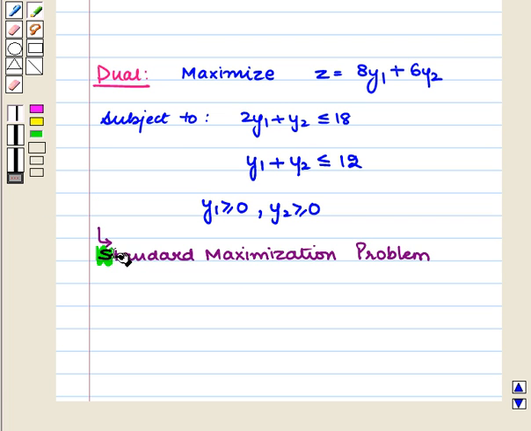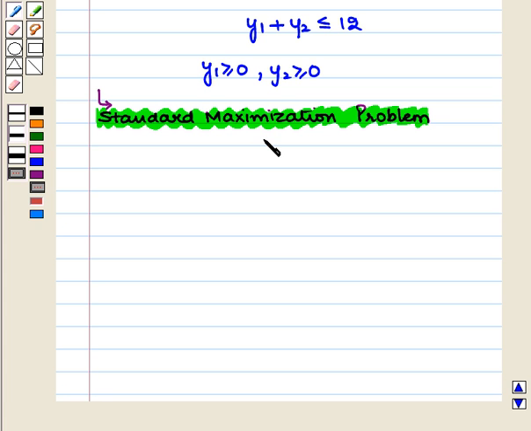Now it is a standard maximization problem, so we solve it using the simplex method.